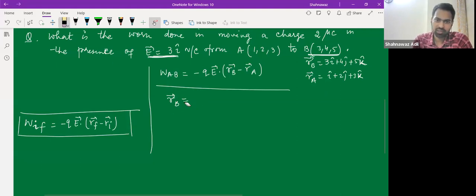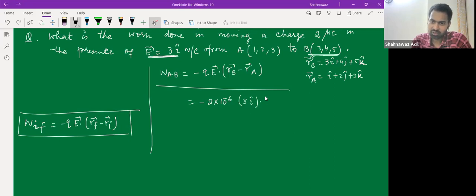So let us plug in these values. Q is how much? Q is 2 microcoulomb, right? Micro is minus 6. You have 2J plus 3K, right? Okay, and E is 3I. So this time don't make any mistake, right?